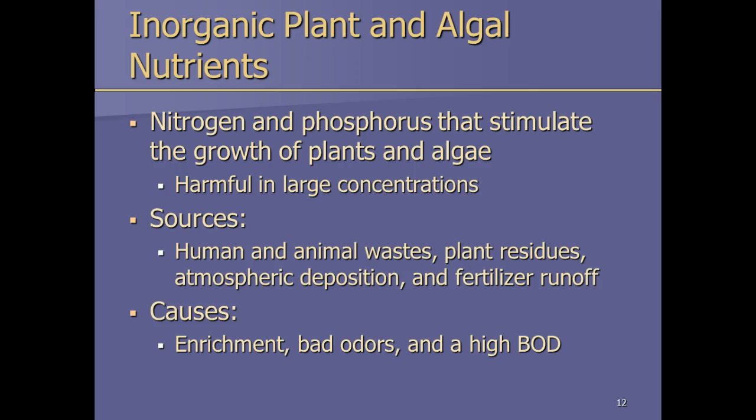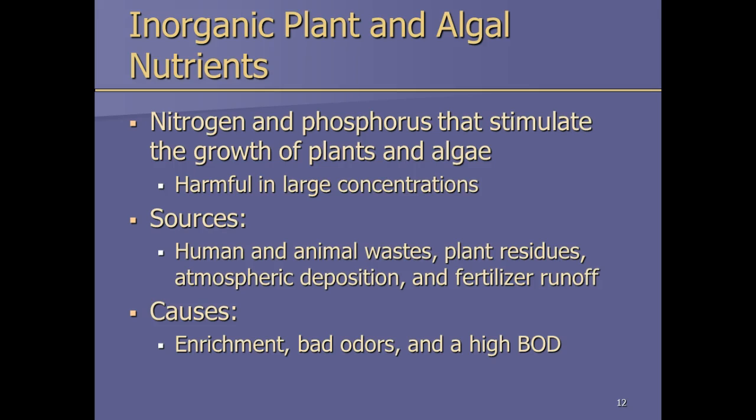Okay, inorganic plant and algal nutrients. Again, this is nitrogen and phosphorus. Like we saw with the sewage, how increased nutrients, this is the same thing. We've got an increased rate of eutrophication. First we start with enrichment, we start with the algal bloom, then microbial action starts to take place to break up that algae.